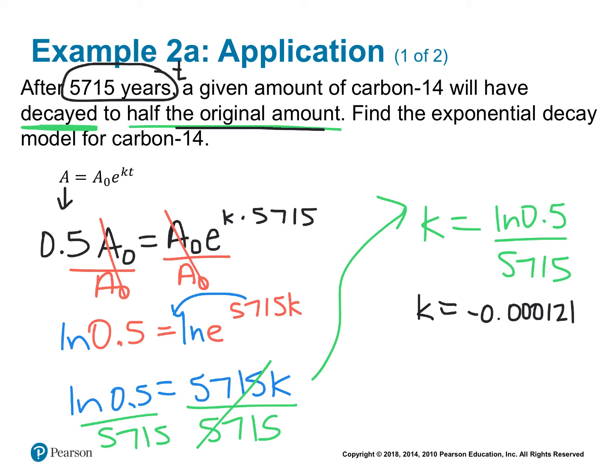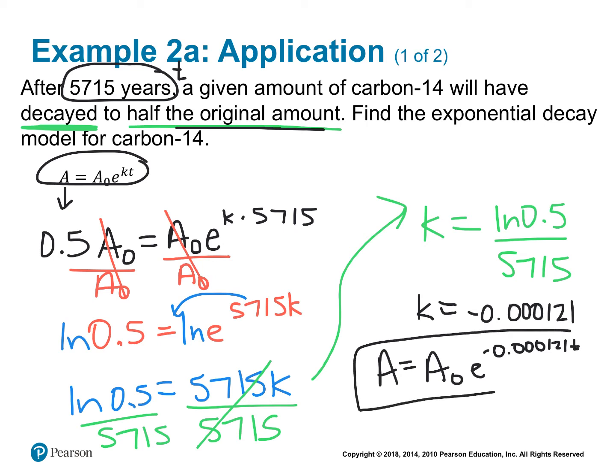So now I can plug this back into my original model up here for the K. Now we still don't know what the original amount is, so really the only thing we can fill in here is the missing K value. And then T, so this is going to be something that we'll be able to use on the next slide to help us out.